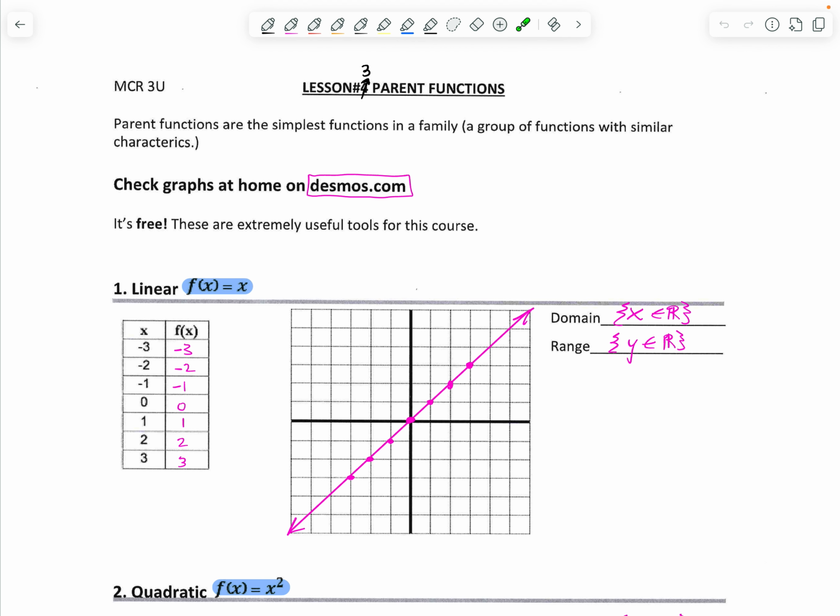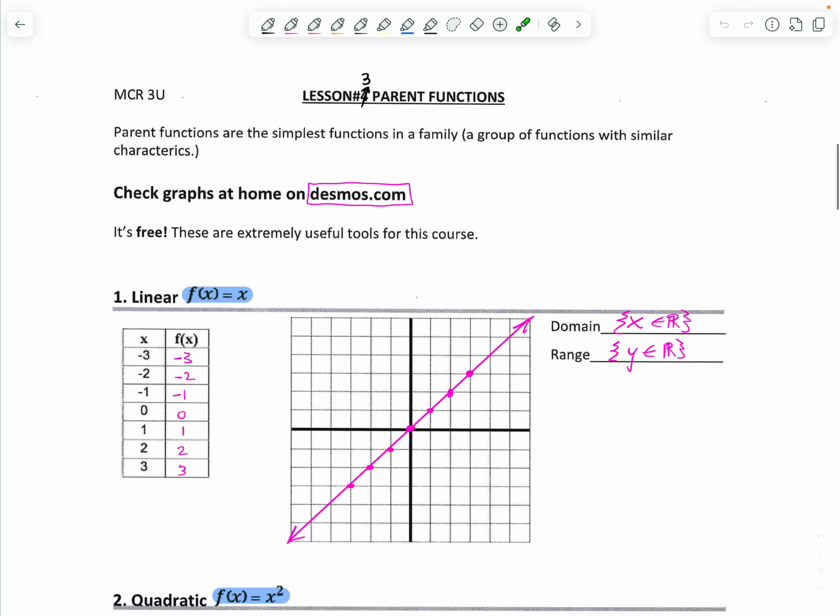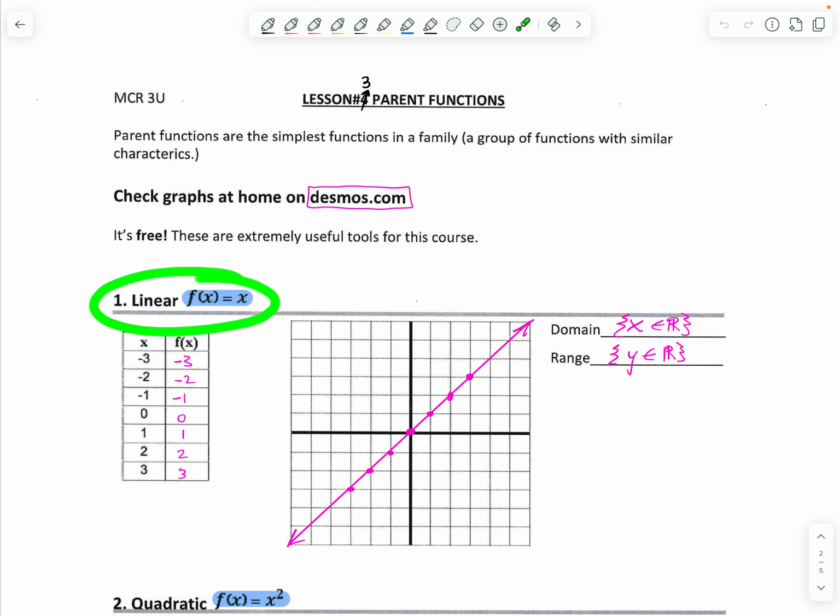Okay, so first of all, let's take a look at a linear function. This is something that we learned in grade 9. Linear, f of x is equal to x, input is equal to the output. So if I have -3, it's just -3, so all my inputs are the same as my outputs. So this would actually generate a line like this, because these are just points, right? -3, -3, that'd be here, -2, -2, -1, -1, 0, 0, and so on and so forth, right?